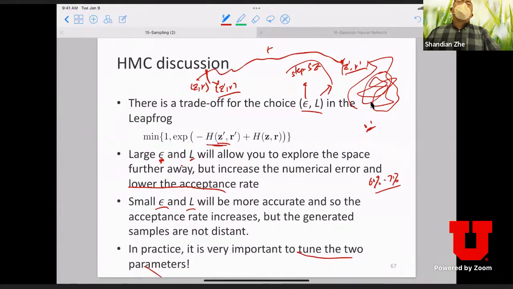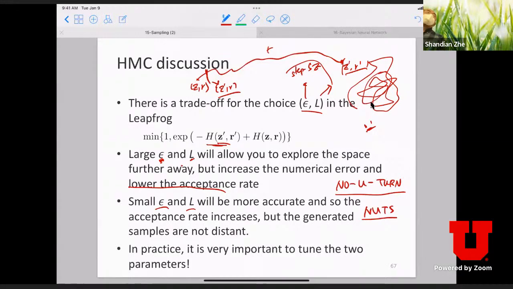Yeah, that's a very good question. Actually, right now people are not tuning epsilon and L by themselves. The state of the art is called No-U-Turn Sampling, abbreviated as NUTS. It's a very well-known sampler based upon HMC.